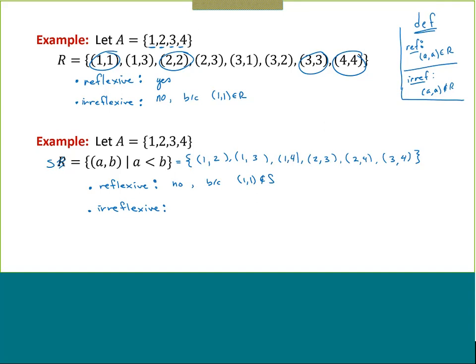Now, to go to the second property, which is irreflexive, irreflexive says you're missing all of those ordered pairs of 1, 1, 2, 2, 3, 3, and 4, 4. So what do you guys think? Would this relation be the extreme case where it's missing all of the ordered pairs that are doubled up ordered pairs? Could we actually say that this relation has the property of being irreflexive?